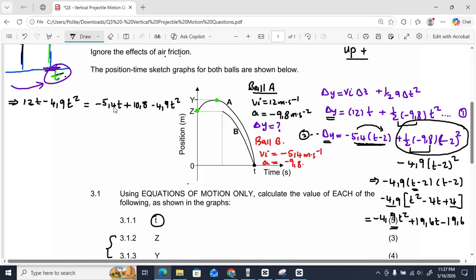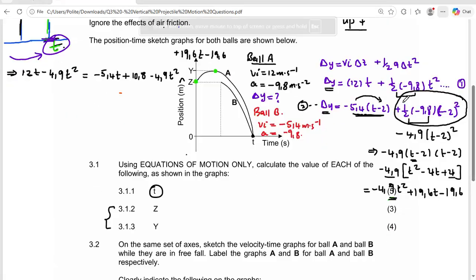Then I'm going to add, let me just put this one on top here. We are adding 19.6t, then we subtract 19.6. So I'm going to group the like terms. I don't want to waste time on this one now. So look at what I'm going to do.